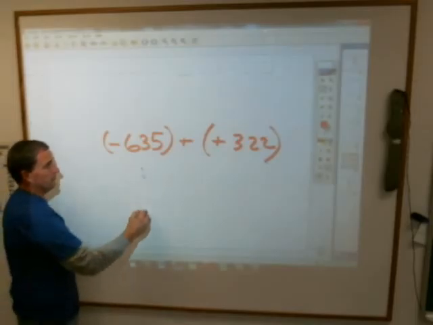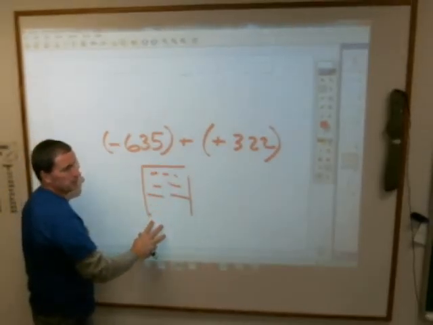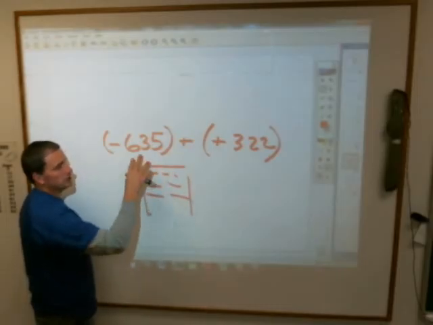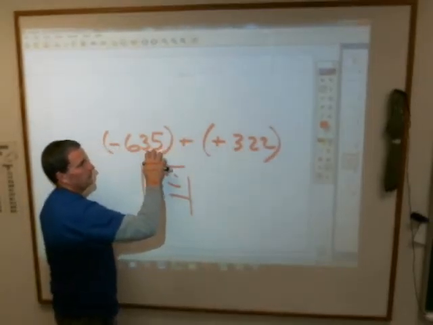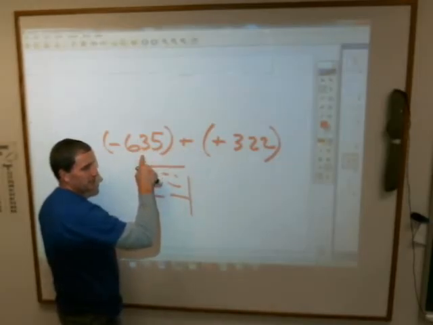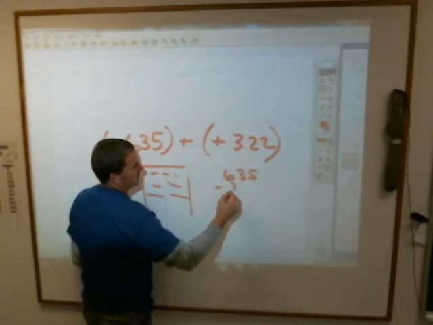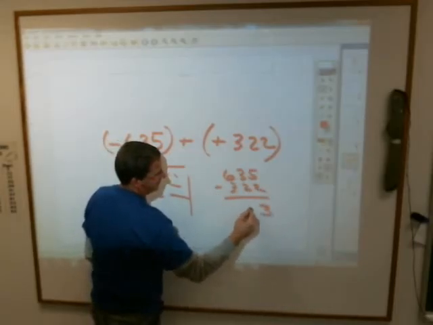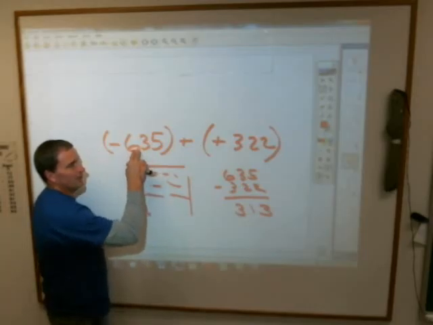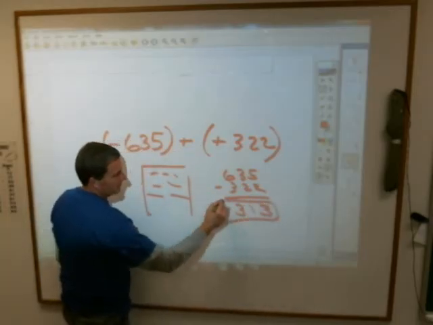It's kind of foolish for me to sit here and draw 600 negative signs and 322 positive signs. You are just looking for the difference in these 2 numbers, because the difference is how many more negative signs you have than positive signs. So in the end, you're going to take 635, subtract 322 from it, and you'll get 313. You have by far more negatives than positives, so that's what makes it a negative sign there.